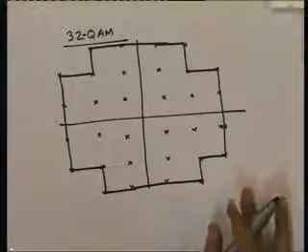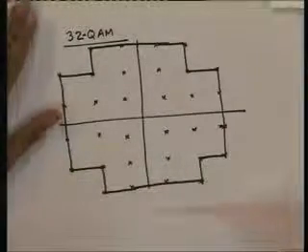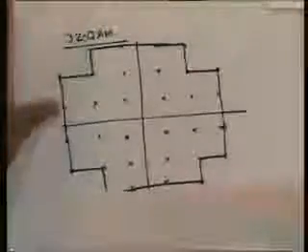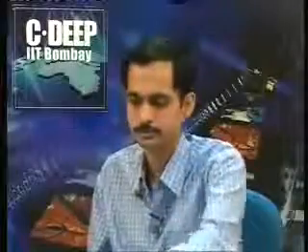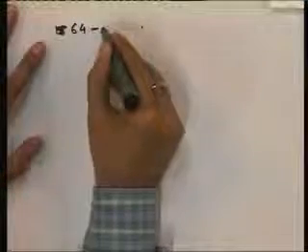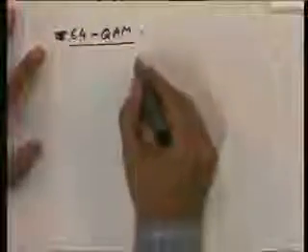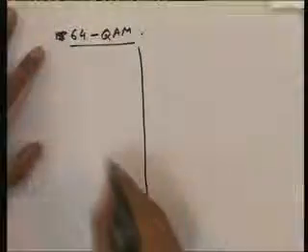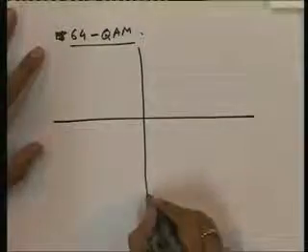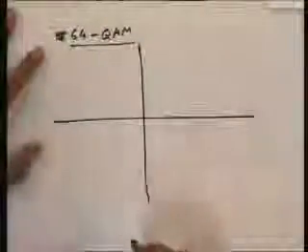Similarly, if you want to have a 64 QAM constellation, that is even easier. That will not be a cross constellation. The 64 QAM constellation is this. 8 times 8 is 64, 8 squared.